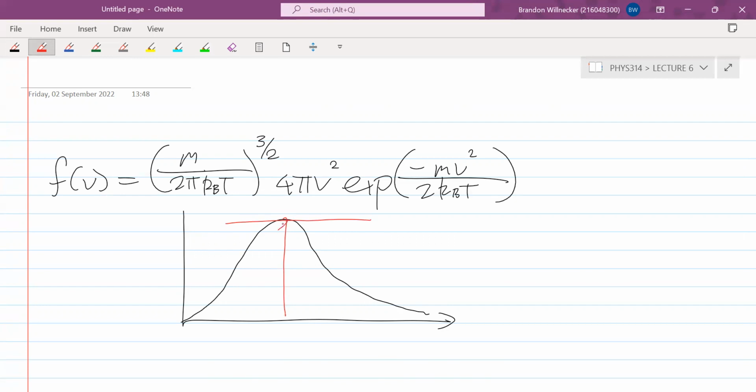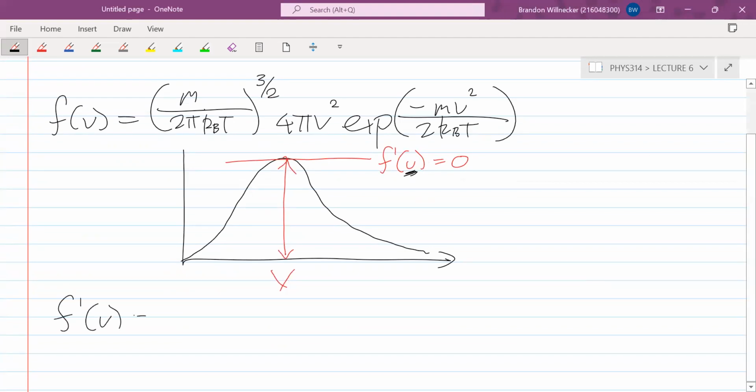In other words, here where we have a maximum probability. And that gives us our most probable velocity there. So we need to take f differentiated by v, set it equal to 0, and solve for v. That will give us f prime of v is equal to 0. That's what we want. We want to solve for this v here. Okay, so let's do that.